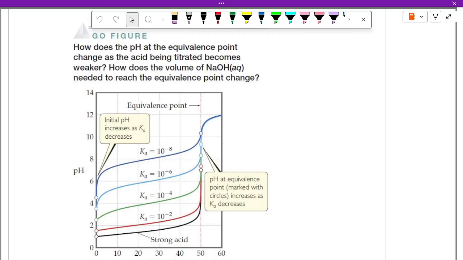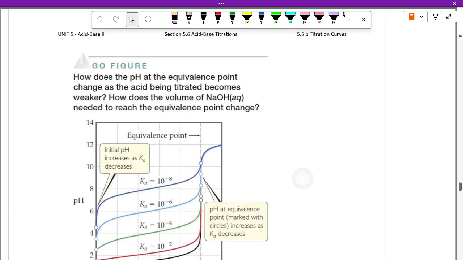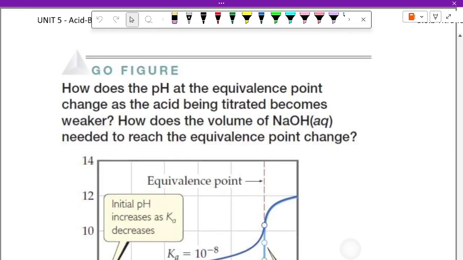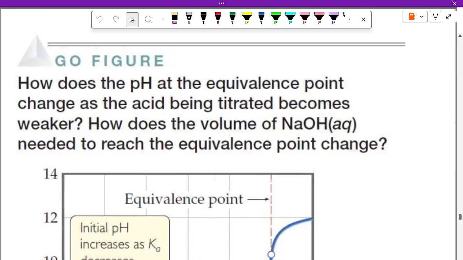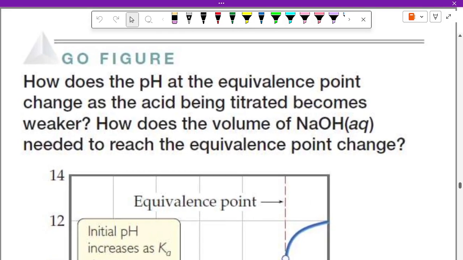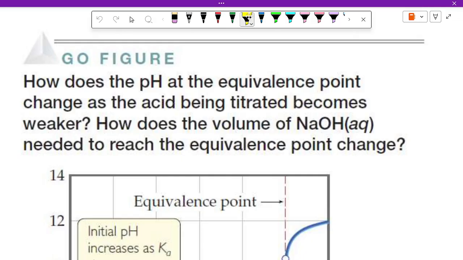Okay, so here we have, how does the pH at the equivalence point change as the acid titrated becomes weaker? So as the acid becomes weaker, what happens to the pH at the equivalence point? Please tell your partner.